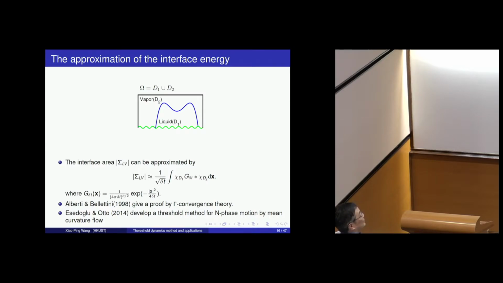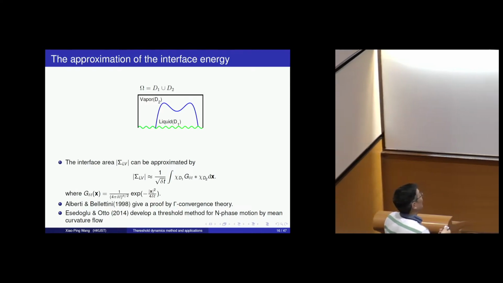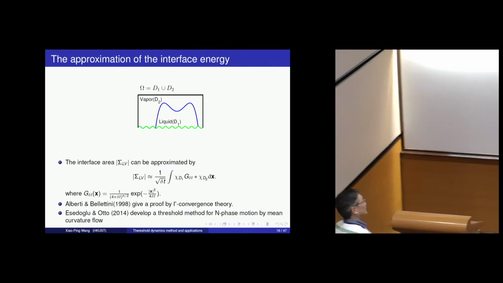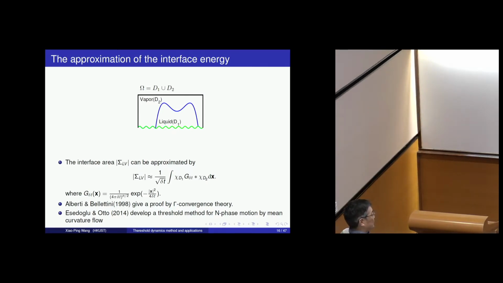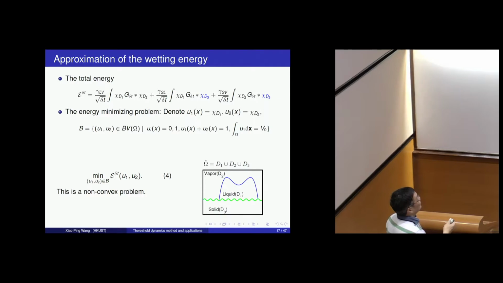This converges to the interface length. This idea was used by Esedoglu and Otto to develop threshold dynamics for motion by mean curvature flow. So here what we need to do is, because we have three interface energies, you just have to approximate each energy.